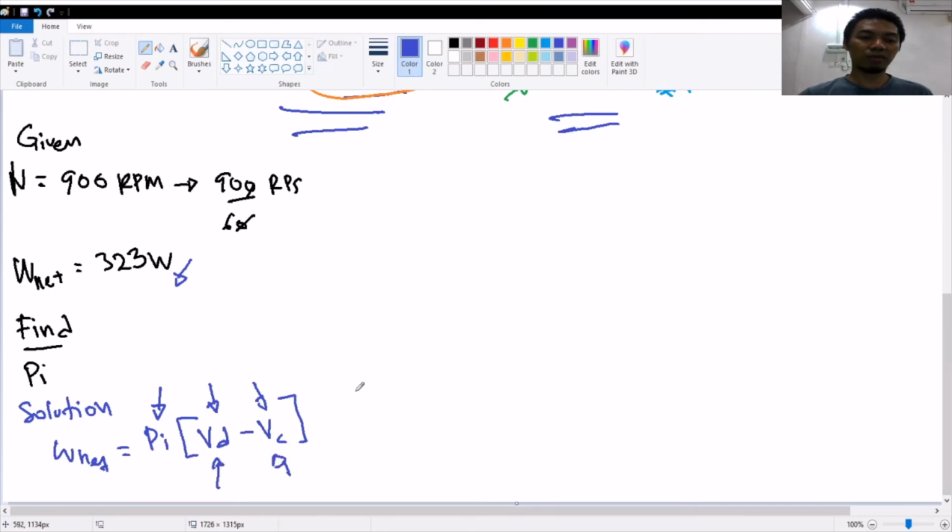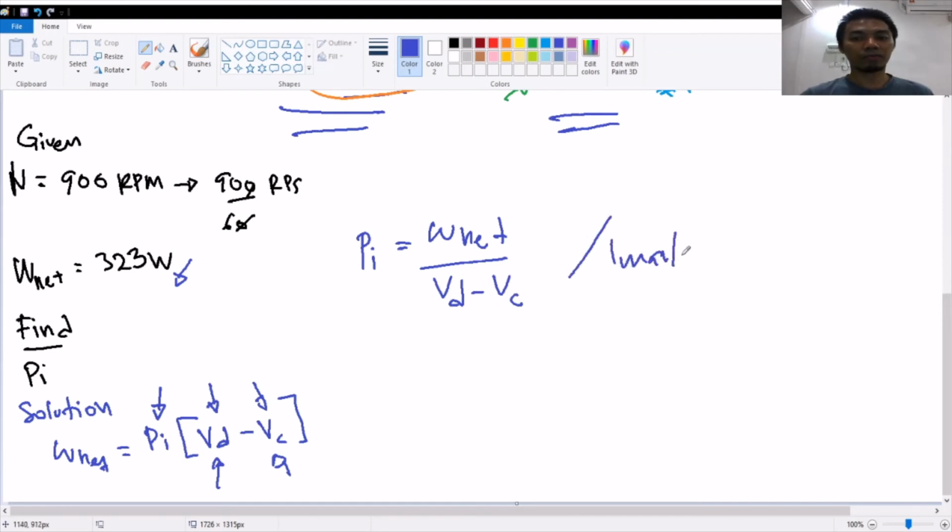So simply you can get PI by rearranging it and plugging in all the information that you already have. That's why it is 1 mark. Straightforward. Okay, this is solution number 1.